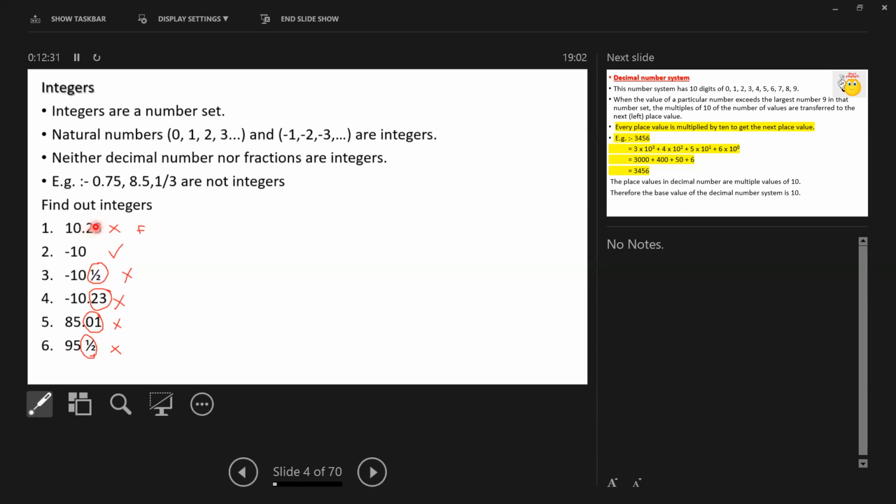There is a fraction decimal part, so this is not an integer. And this one, -10, is an integer. Here, this is not an integer because there is a fraction part. Here the decimal part is there, therefore it is not an integer. And here also a decimal part, not an integer. Here a fraction part, not an integer. Okay, is this clear?